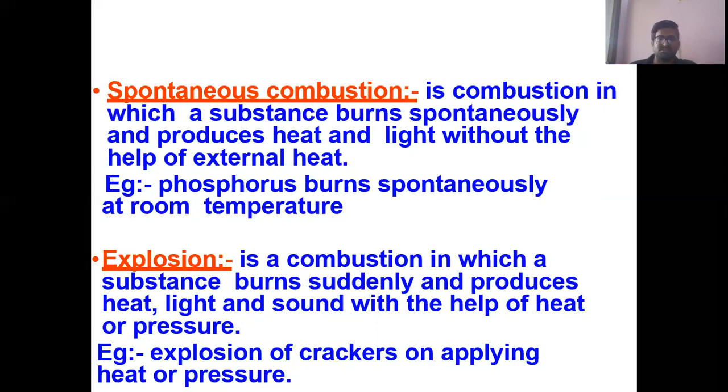It is combustion in which a substance burns spontaneously on its own and produces heat and light without the help of external heat. Phosphorus, which is a highly reactive non-metal, burns spontaneously at room temperature when kept open in air.